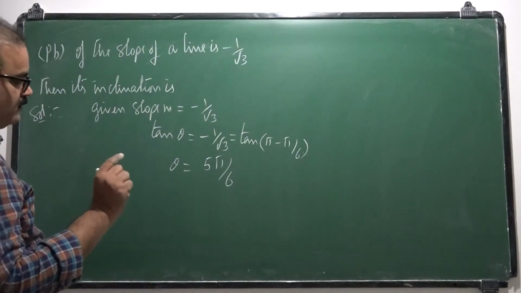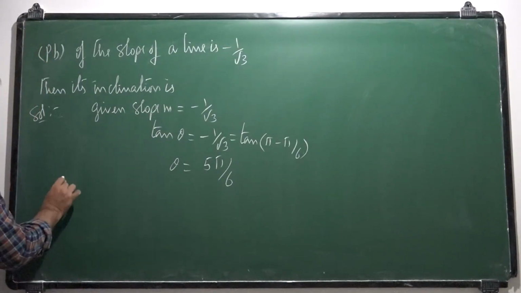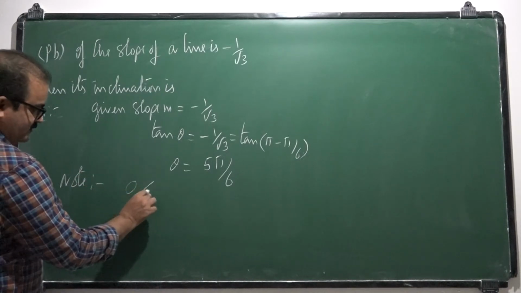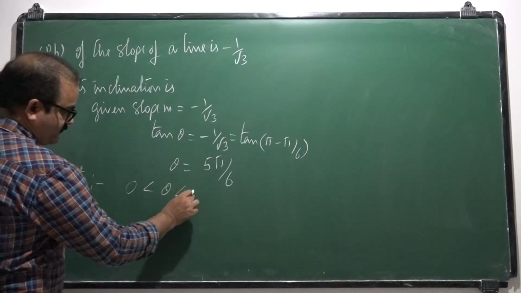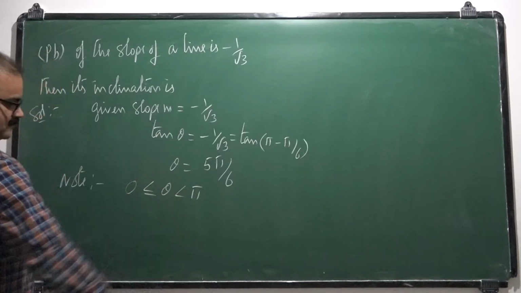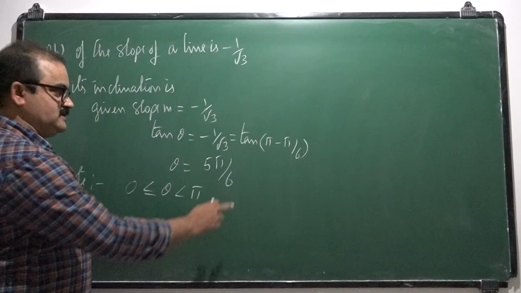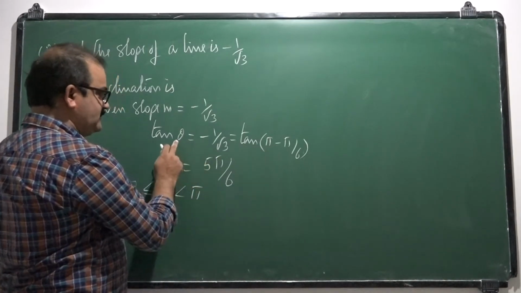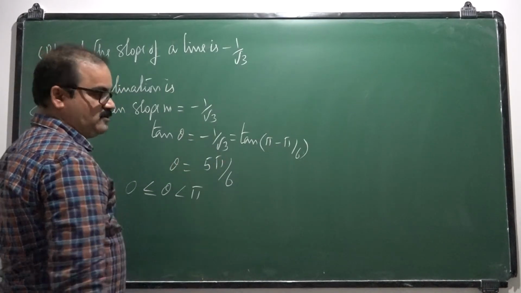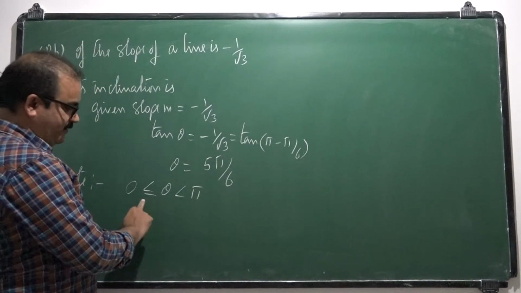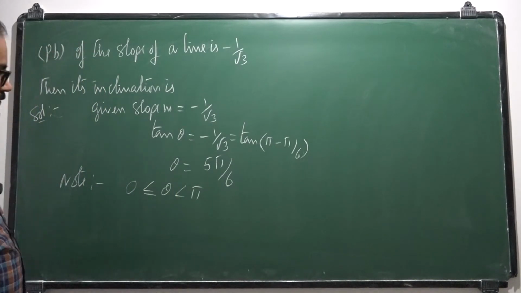Take one note here. Inclination always lies between 0 and pi: 0 less than or equal to theta less than or equal to pi. There are several values satisfying tan theta equals minus 1 by root 3, but we take the value between 0 and pi only.